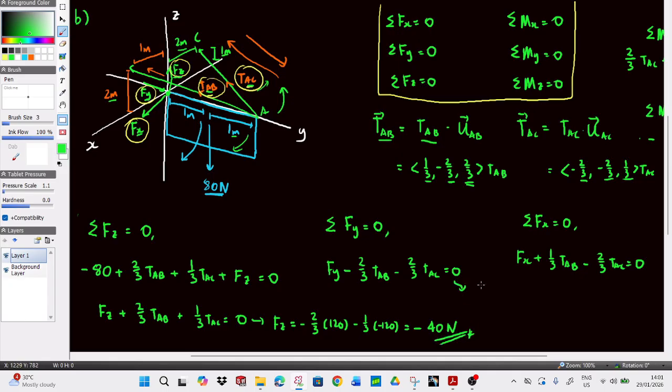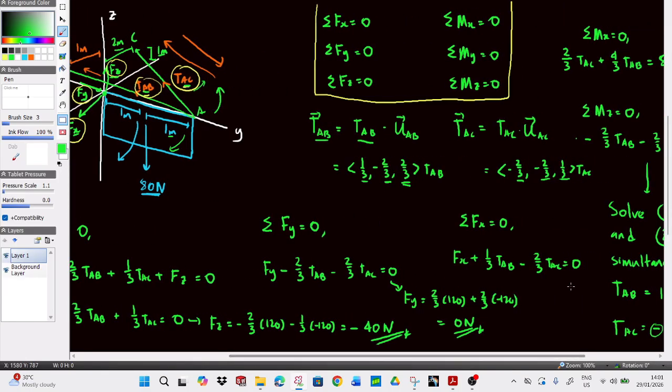And then also your Fy would be equivalent to 2 over 3 times 120, plus 2 over 3 times negative 120, which will turn out to be 0 newtons, by the way. So Fy is 0 newtons.